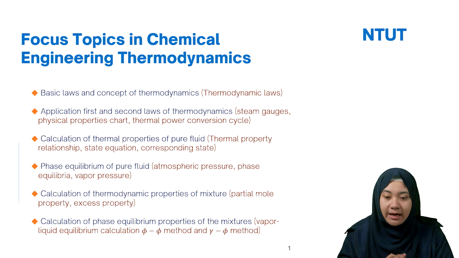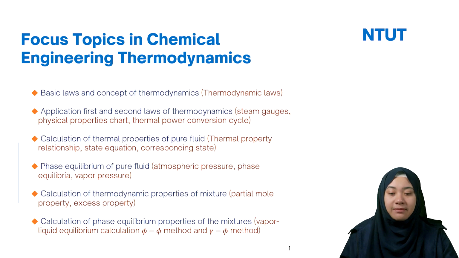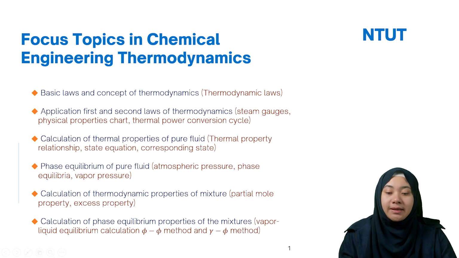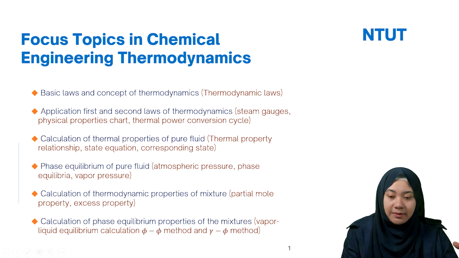And then we also have the calculation of thermodynamic properties of mixtures, like partial molar properties or excess properties. Normally we apply this to calculate how the properties behave inside your mixtures, like the partial molar Gibbs energy.